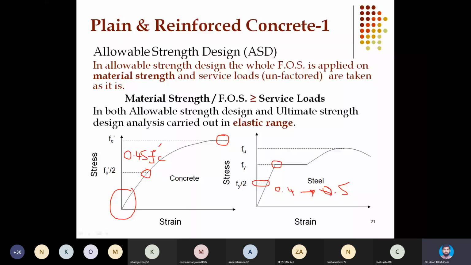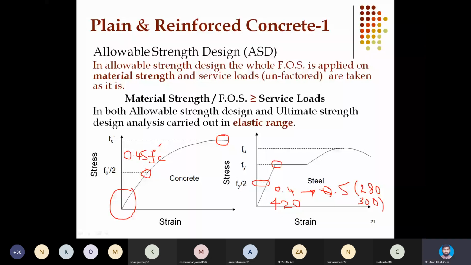0.5 for steel of grade 280 or 300; 280 or 300 yield strengths are lower grade steels, and 0.4 when you are having a steel of grade 413 or 420.